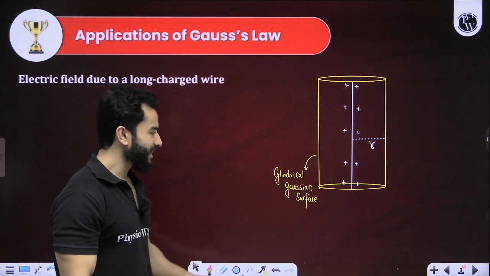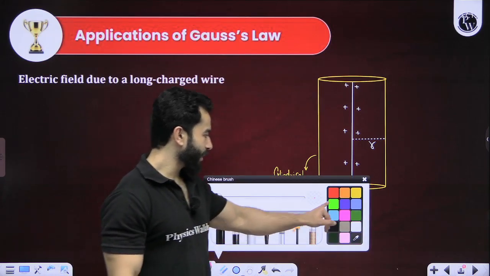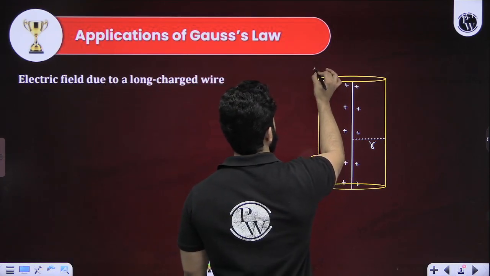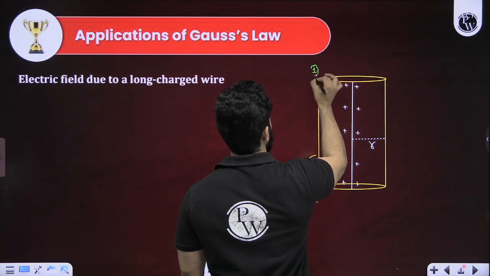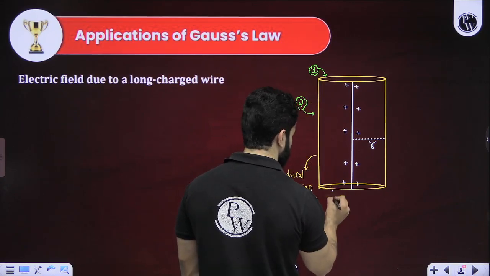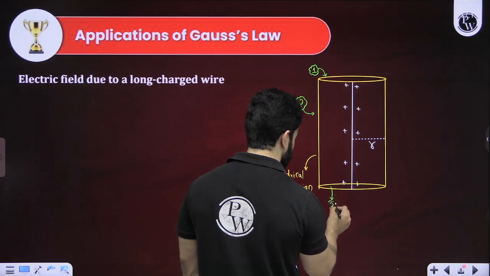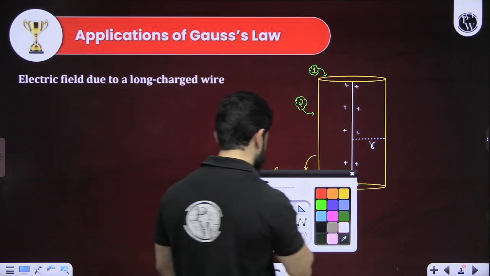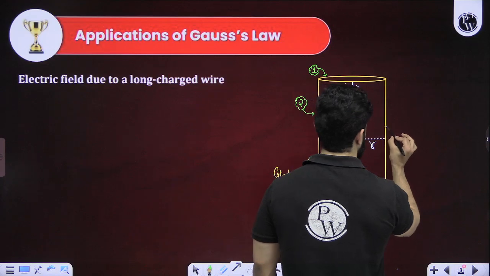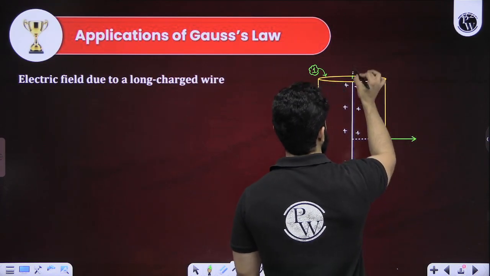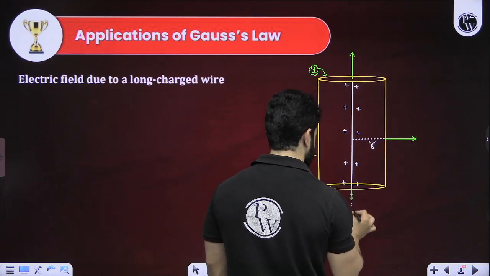Whereas in this case, we can actually break down the Gaussian surface into three parts. First is the circular part. Second is the curved part. And third is again the circular part. And if you will notice, on these parts the area vector is something like this, something like this, something like this.